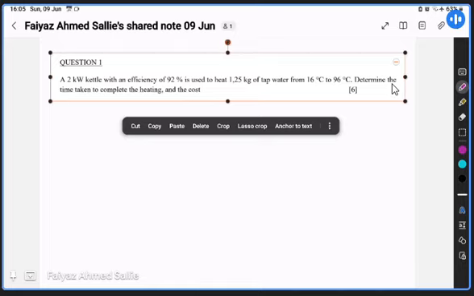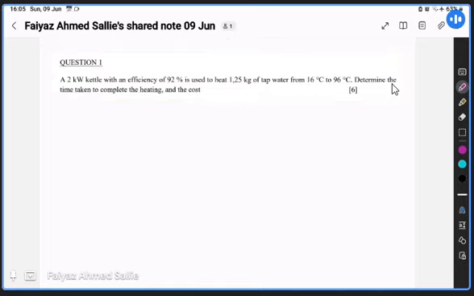Okay, so this question is from 2022. So let's solve this question. The question says that a 2 kilowatt kettle.